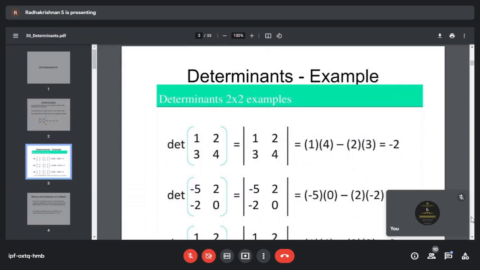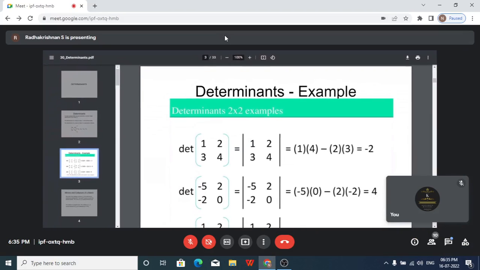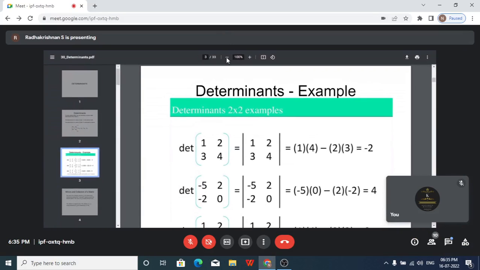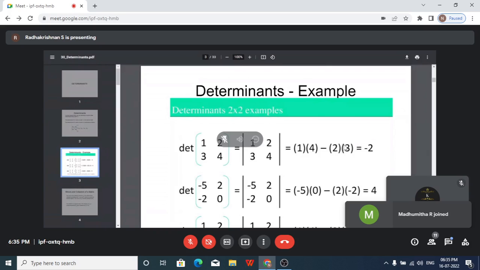So for example, if there is a determinant 1, 2, 3, 4, okay, so we calculate its value as 1 into 4 minus 2 into 3. That is, it evaluates to minus 2. Otherwise, if the other matrix is minus 5, 2, minus 2, 0, the corresponding determinant will be minus 5 into 0 minus minus 2 into minus 2.